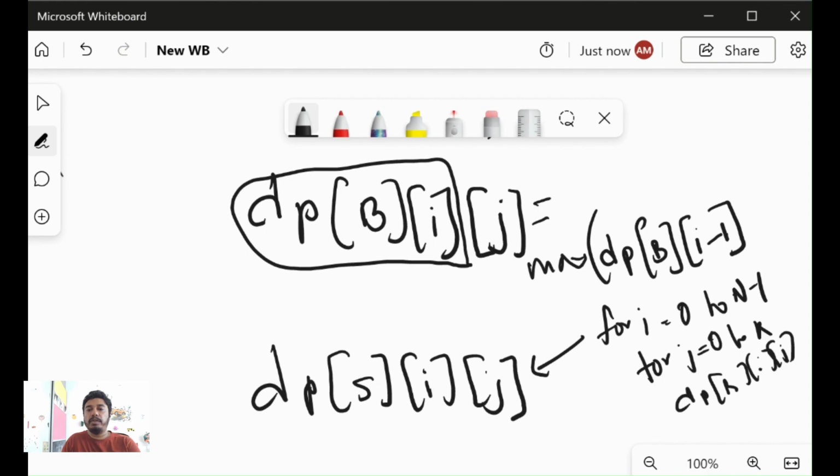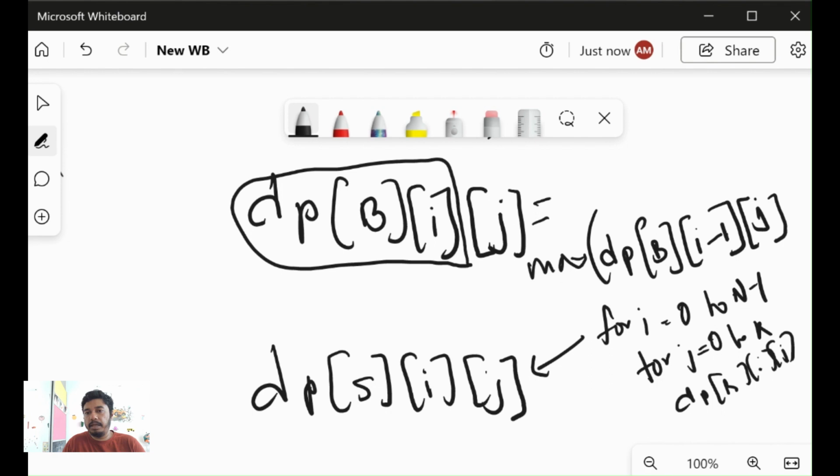How we can compute this is basically we can find the maximum. Since it's the jth transaction, currently the maximum transactions is j, so my max is over dp b i minus 1 j.